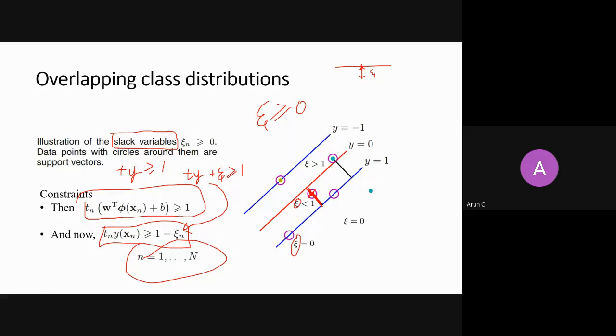For example, if you are on the hyperplane for the correct class, then psi equals 0. If you are somewhere here, psi is also 0. Psi starts getting its value the moment you jump over this blue hyperplane. The moment you come into this region, psi gets activated and has some significance.